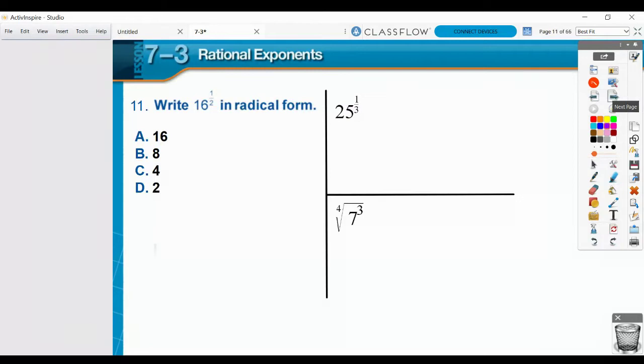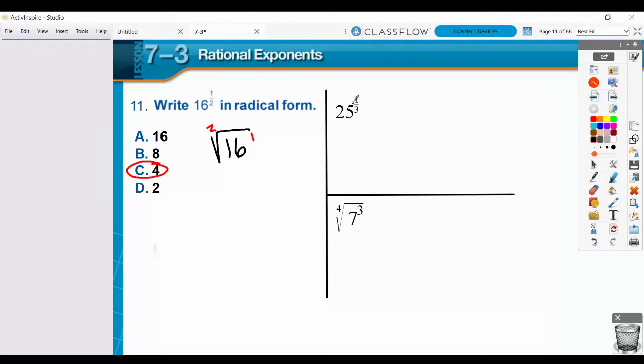Okay, so a couple more examples. Write 16 to the 1/2 power in radical form. So we're going to draw a radical. We'll put the 16 underneath. And technically there would be a 1 and a 2 there. So what is the square root of 16? It is 4.